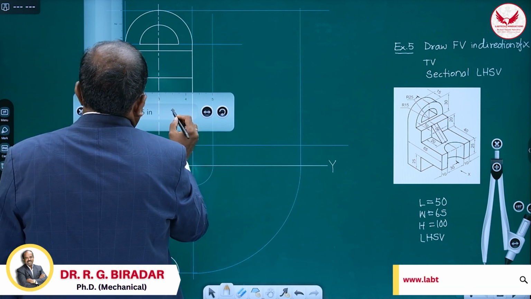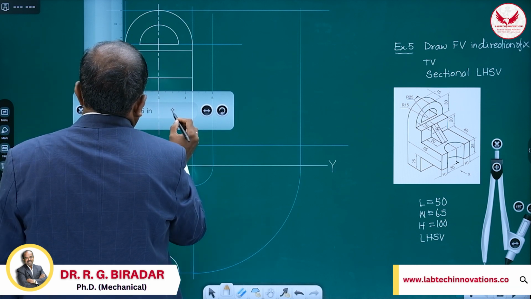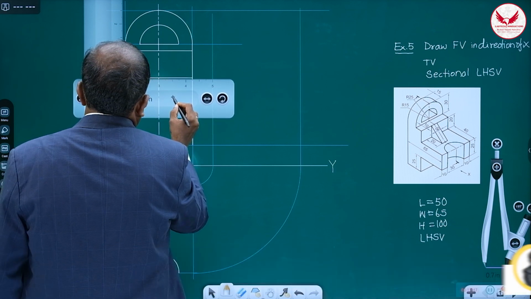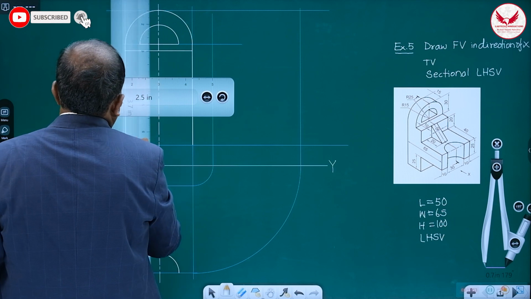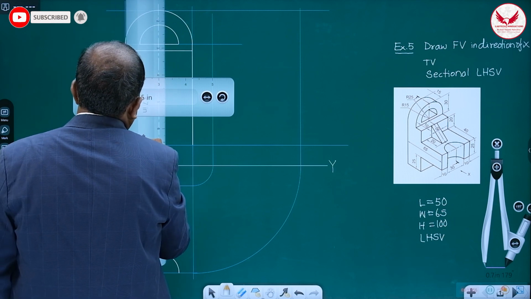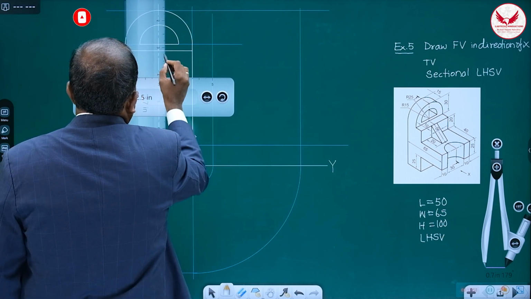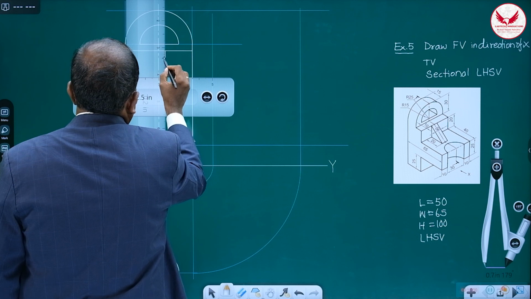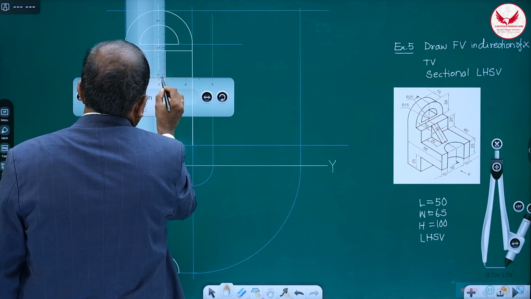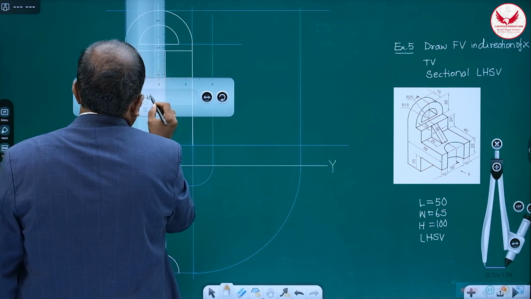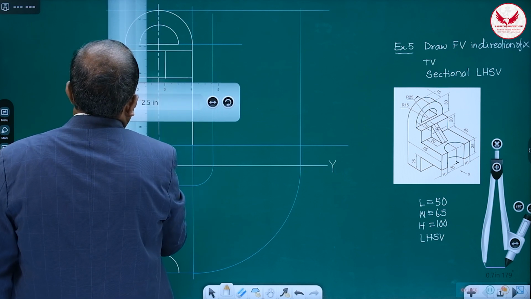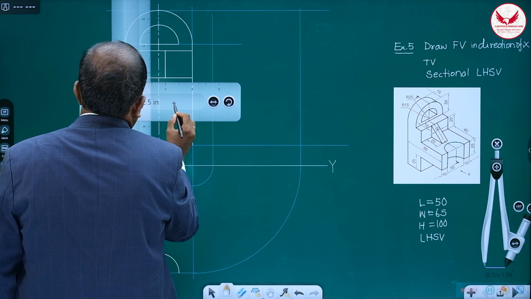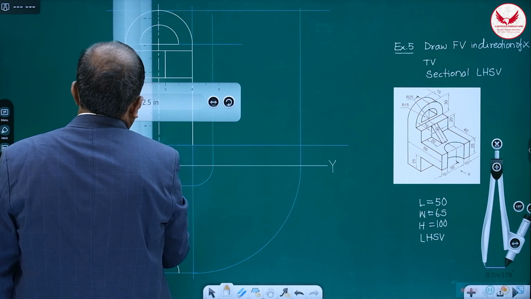For marking that rib, mark 5 mm on this side, straight away in this portion only. So it is 5 mm on this side, and 5 mm on the left hand side.